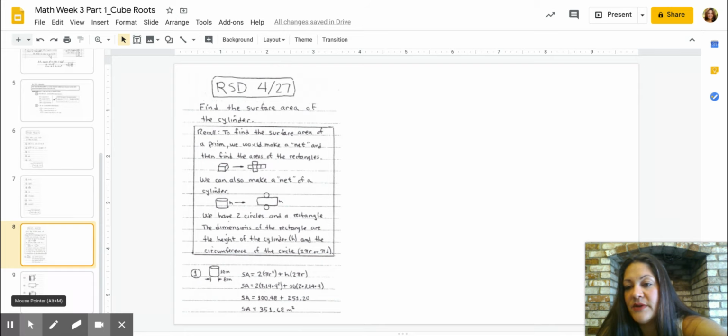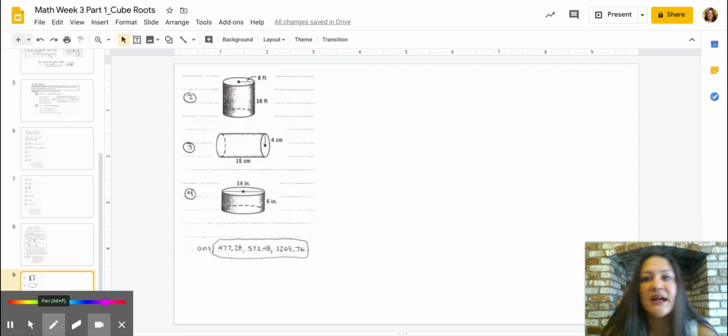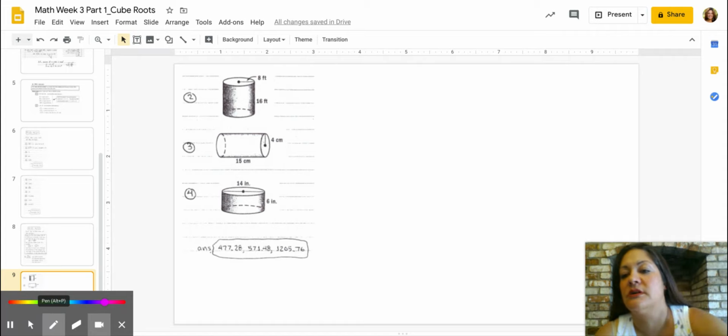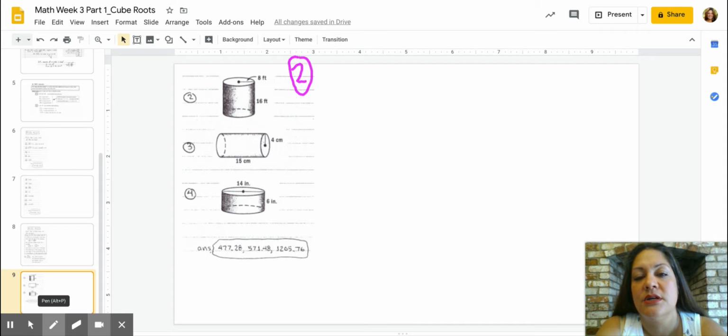All right. And we only have a couple problems. There we go, 3 problems that we have to do. Starting with number 2. To look at this, we need to find our surface area, SA.